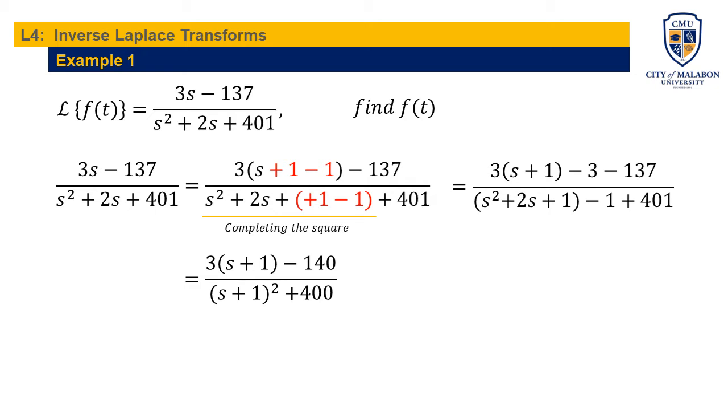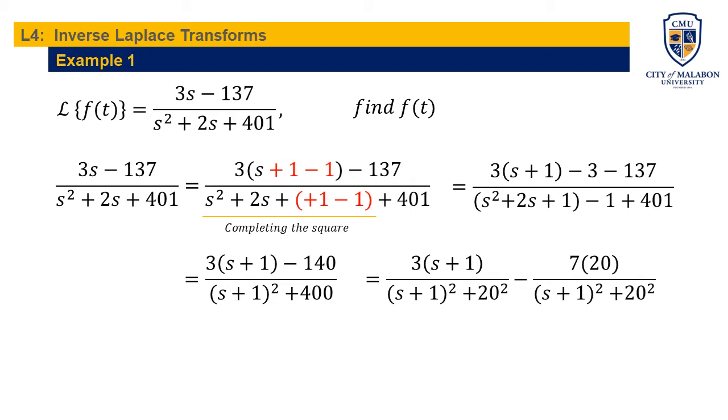So medyo nagkakaroon na tayo ng konting resemblance dun sa ating mga formulas kasi meron na tayong nakikitang square dyan, and yung 400 is a perfect square, and then yung ibabaw meron na tayong dalawang term, no, na pwede nating pag-iwalayin by the virtue ng linearity theorem. Okay?